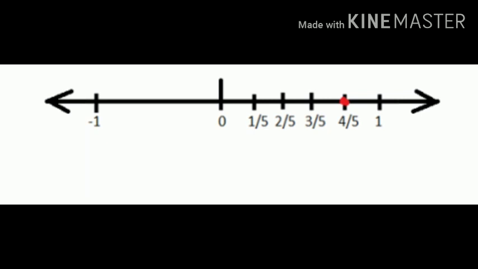So you have divided this section into 5 subsections now. On the first it is written 1 upon 5, then 2 upon 5, 3 upon 5, 4 upon 5, and this next one we can say 5 upon 5, but the value of that is 1.